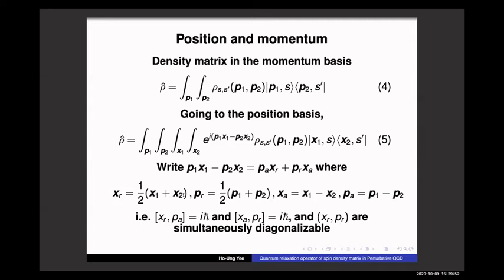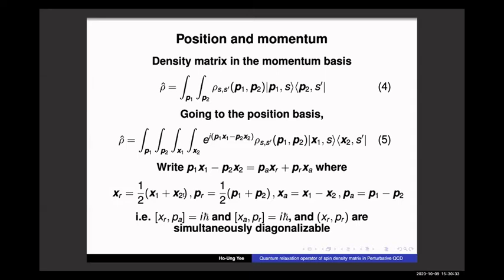Because of this relative minus sign, there is an interesting consequence: if we introduce the average variables denoted by R and the difference denoted by A, essentially this expression is the sum of the A variable and R variable, which means that the A variable and R variable have canonical commutation relations. On the other hand, the commutation relations between R variables, or between A variables, vanish. Okay, so that's one point.